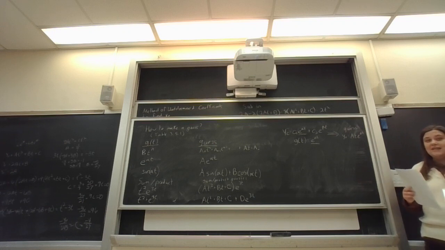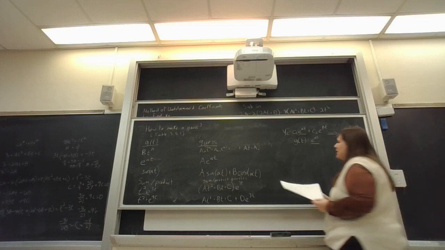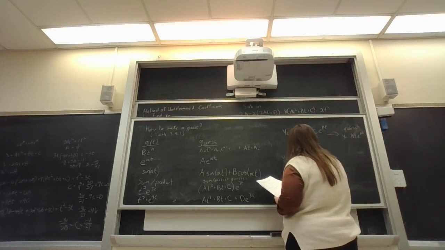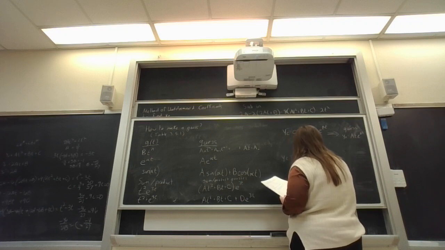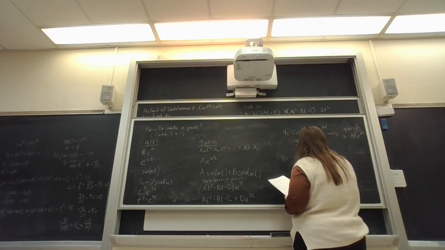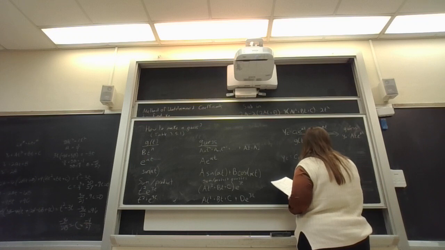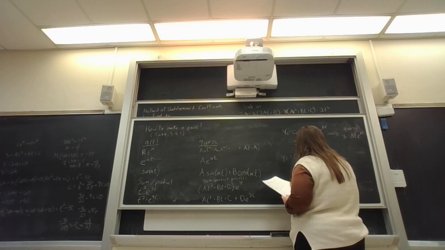You can extend that even a little bit more. So let's just do one more special case. Let's say we had our complementary solution of C1 e to the alpha t plus C2 t e to the alpha t. And then our g of t was e to the alpha t.